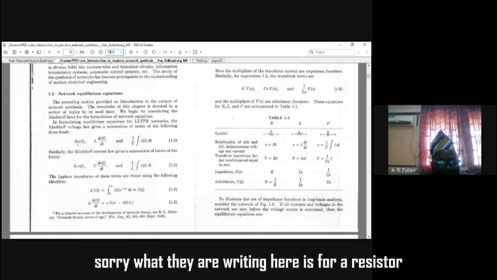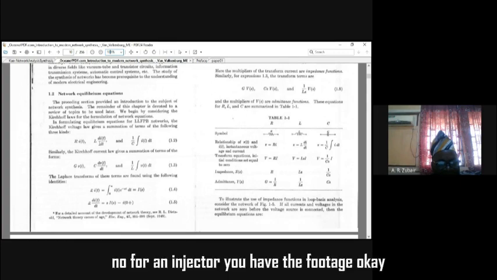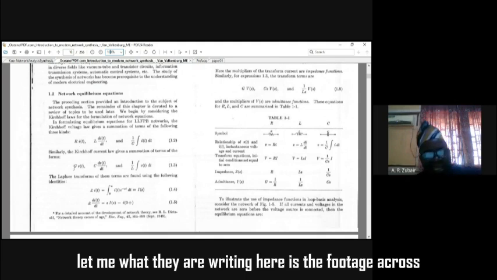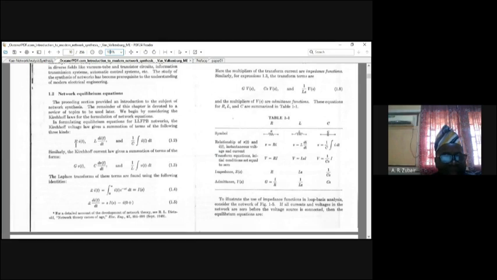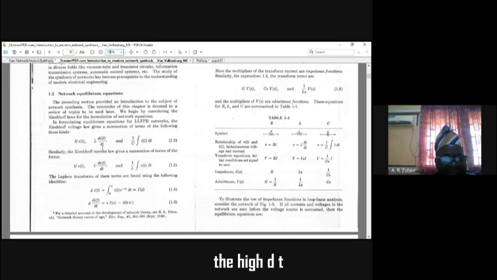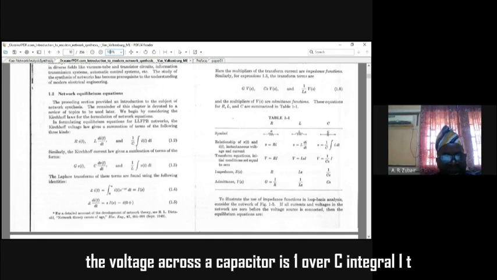What they are writing here is the voltage across a resistor is Ri, R multiplied by I. The voltage across an inductor is L di/dt. The voltage across a capacitor is 1 over C integral of i dt.